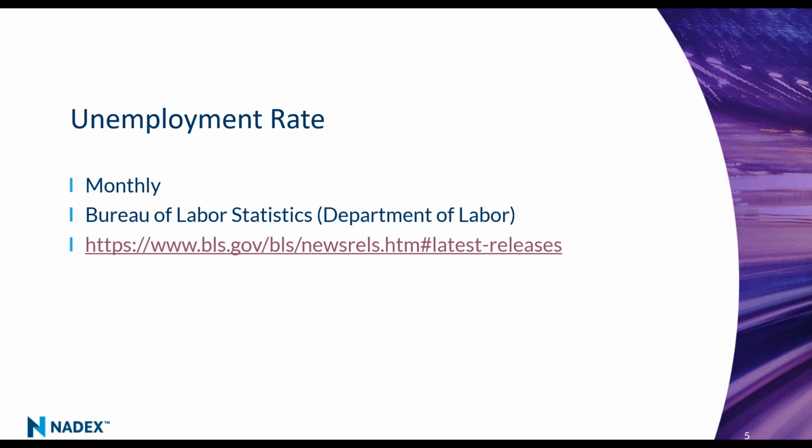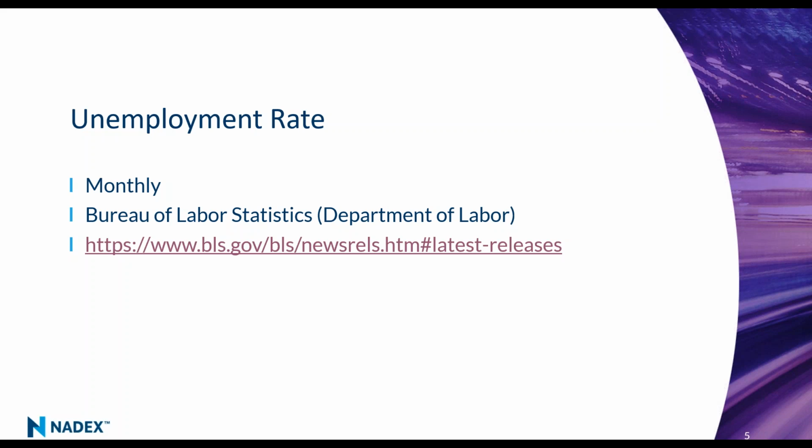So going back a little bit, what is unemployment rate? What do these numbers mean? Some people do think it's just the number of people that aren't working in the economy, and that's close, but it's not exactly correct. The unemployment rate is not just the entire number of people, right? So it doesn't include babies or children.